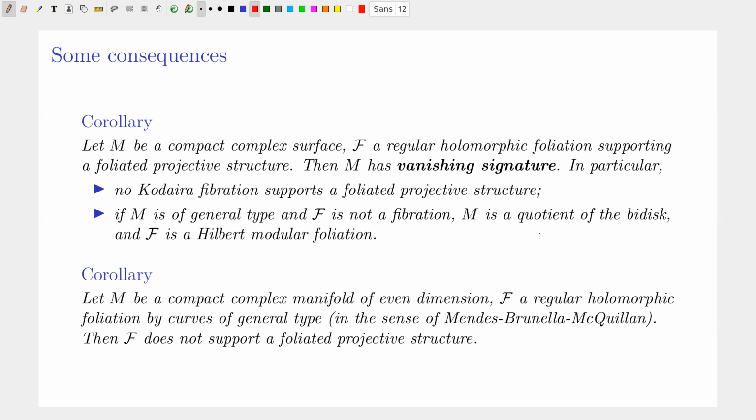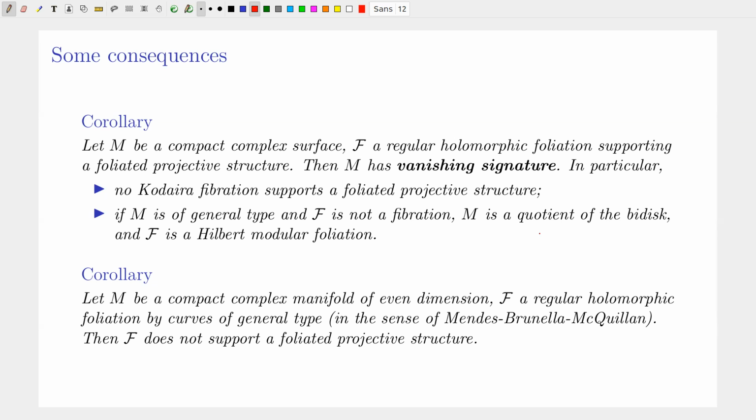Then you may conclude that this foliation does not support a foliated projective structure. Okay, so this index theorem, I think it's interesting in its own right, but it also helps us give obstructions to the existence of foliated projective structures that are easier to calculate than the cohomology class I was talking about in the first case.